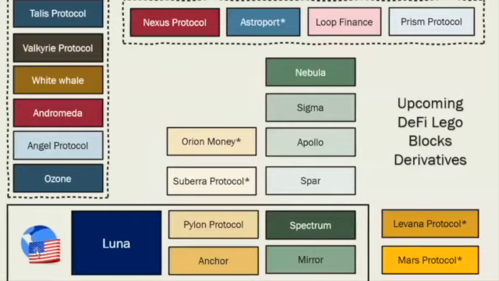So these are all the protocols that are going to come on the Terra ecosystem. Before that, you have this UST, which is their stablecoin, the Luna token, and then Anchor and Mirror. These four alone give a very solid foundation for a lot of protocols to come in and create lots of derivatives and different ways to break down the composability of it and play around with it. So it's very interesting. That's why so many people are interested in building on Terra, right?